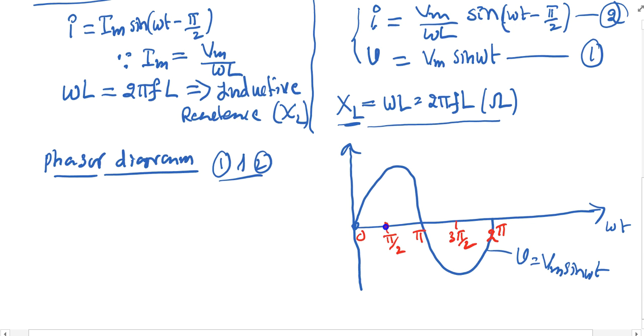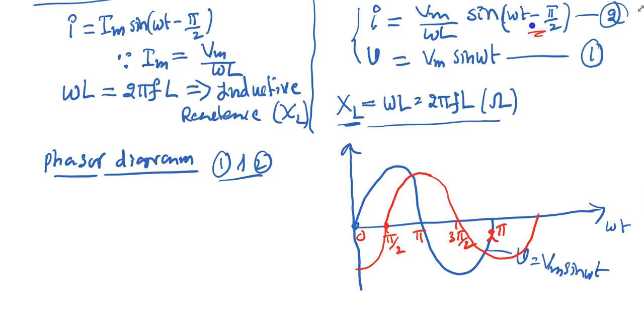So my current lags the voltage by 90 degrees.